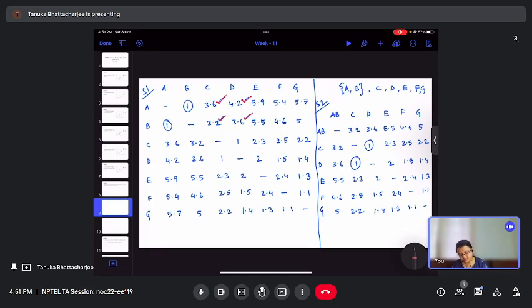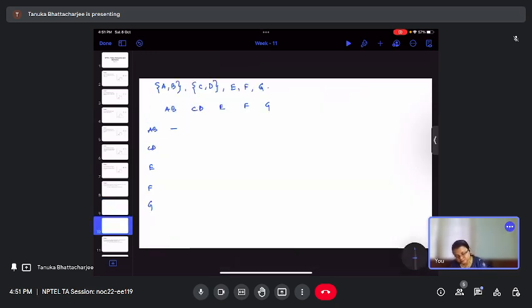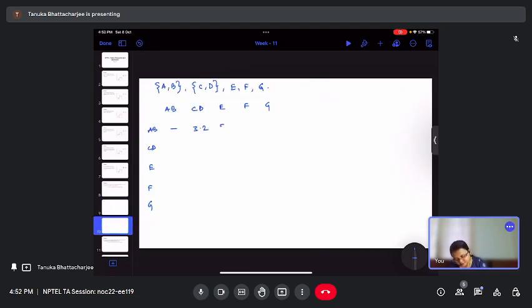So your distance between AB and CD will be 3.2. And the distances between AB and E, F, G will be the same: 5.5, 4.6 and 5.